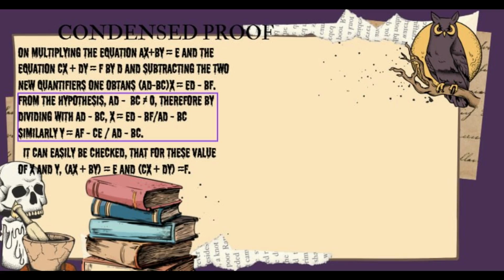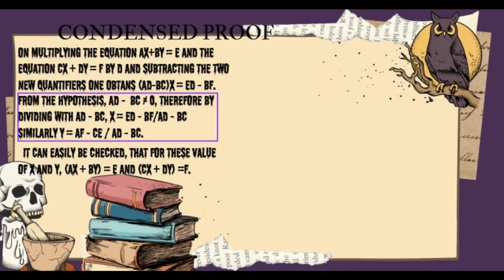On multiplying the equation ax plus by equals e by d, and the equation cx plus dy equals f by b, and subtracting the two new equations, one obtains (ad minus bc) times x equals ed minus bf. From the hypothesis, ad minus bc is not equal to 0.